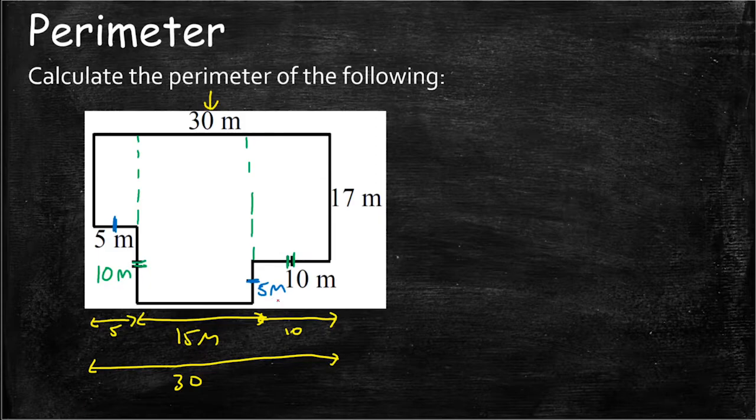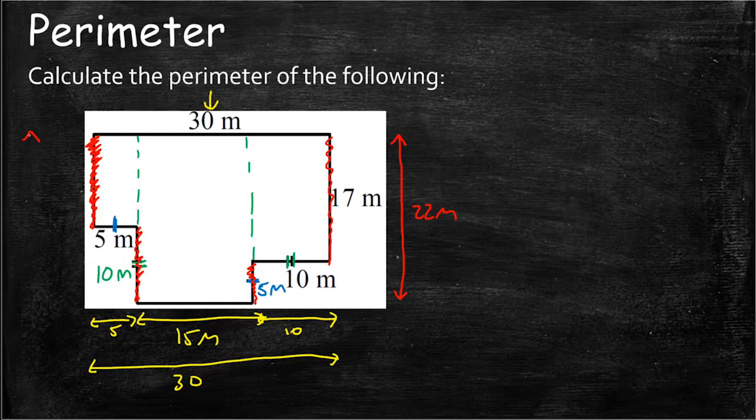There's one more length that we have to work out, which is the left hand side up here. So that's the last length that we need to work out. Well, what do we know? We know that this length here is 5 and this length here is 17. So that total length going from the top to the bottom is going to be 17 plus 5, which is 22 meters. Now that 22 meters should be the same as the length of the left hand side plus that 10.